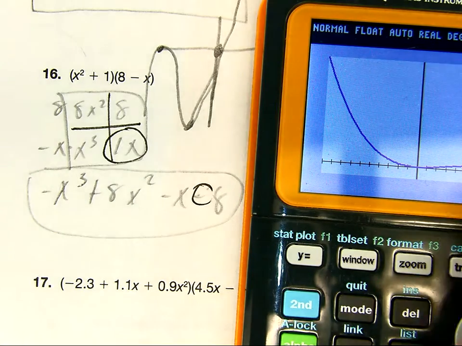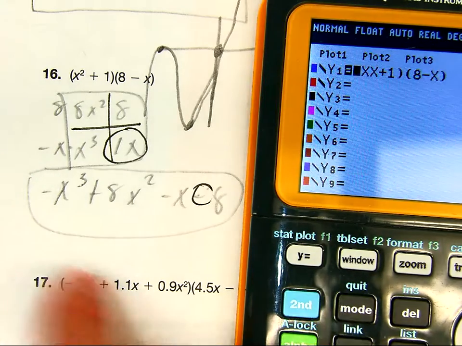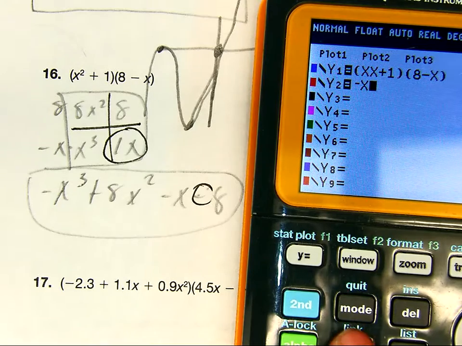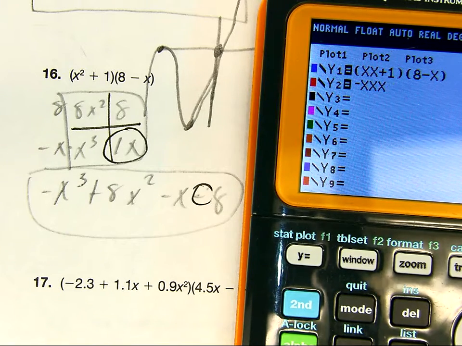Okay, that's the first graph, right? Let's type in their answer and see what happens. Negative x cubed plus 8x squared minus x. They wrote minus 8.